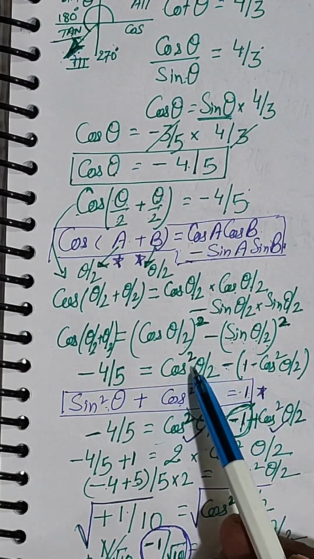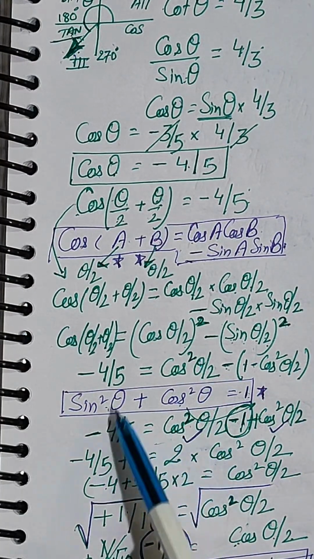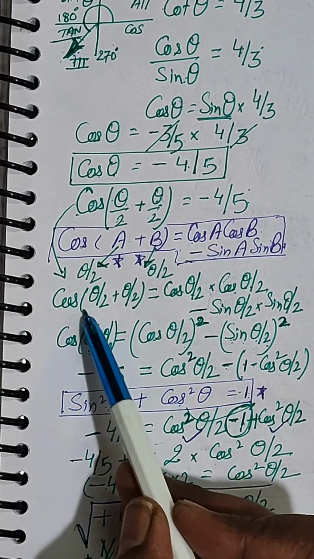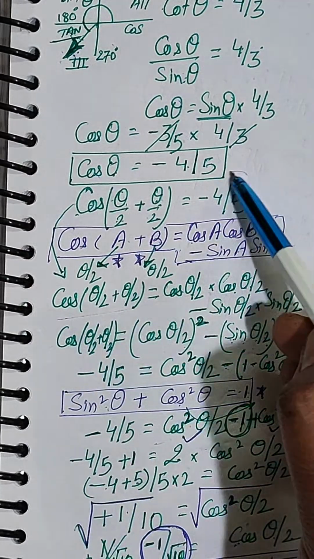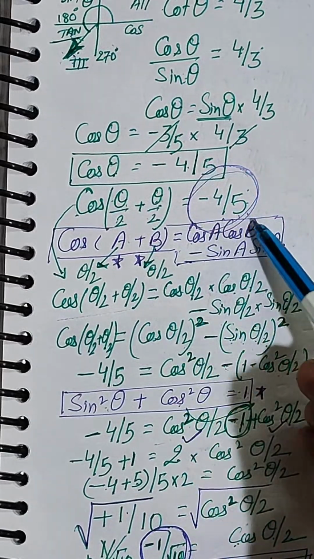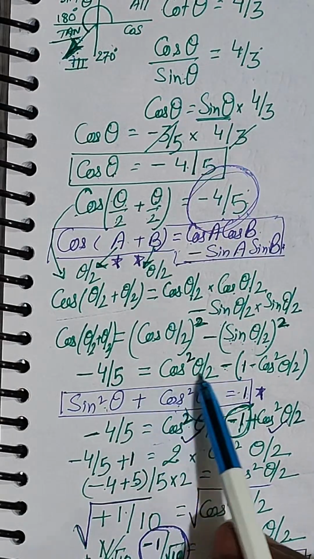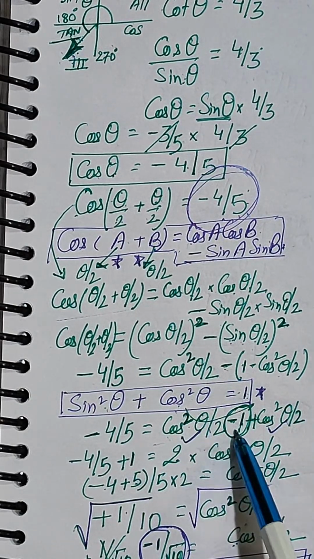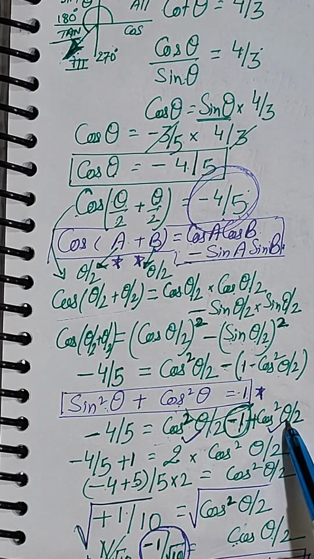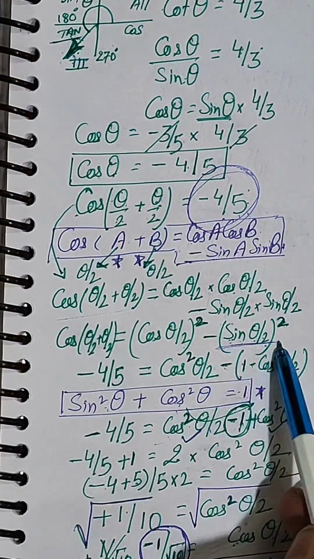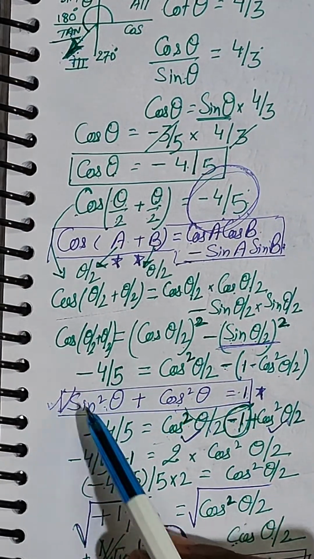Now when you just solve it, you get the value of and replace the value of cos theta by 2 plus theta by 2, which is minus 4 by 5. From here you can see, just put up the value of minus 4 by 5 and into the RHS we have cos square theta by 2 minus 1 plus cos square theta by 2, because we replaced sin theta by 2 using this identity, right?